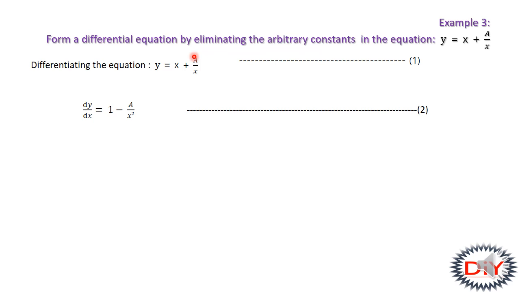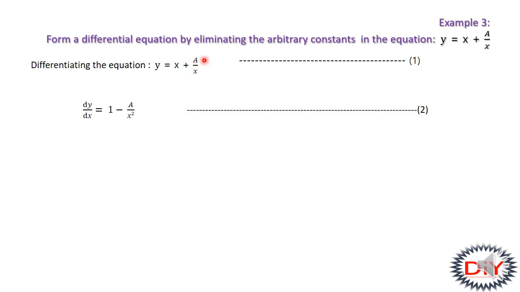Now, if something is very unclear, let me just take my time and explain it. We all know that differentiating y gives us dy/dx equal to, if we differentiate x, that's going to be 1. Hope there's no problem. Okay, now if you differentiate a over x, you can just take this up and try to solve it on your own.